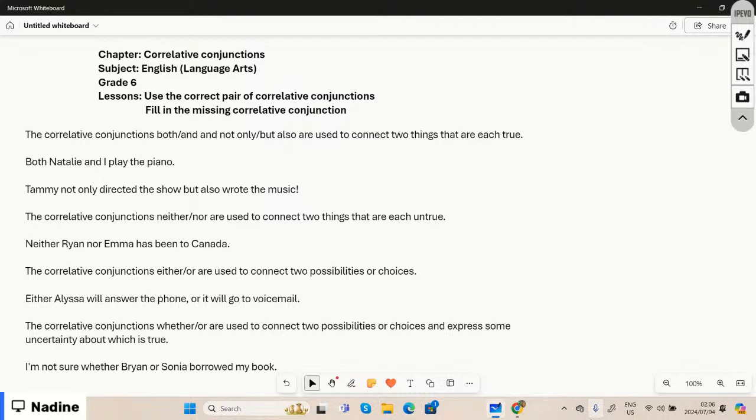The lessons that we are focusing on under the chapter of correlative conjunctions are to use the correct pair of correlative conjunctions and to fill in the missing correlative conjunction.